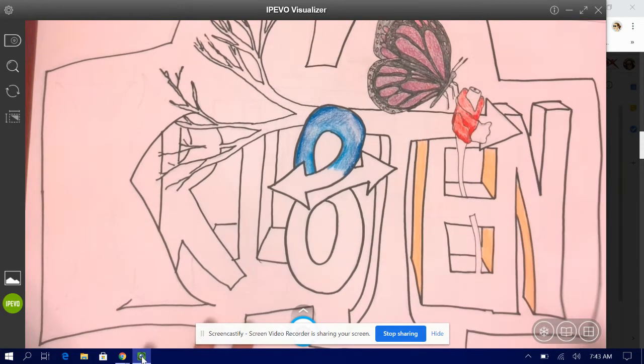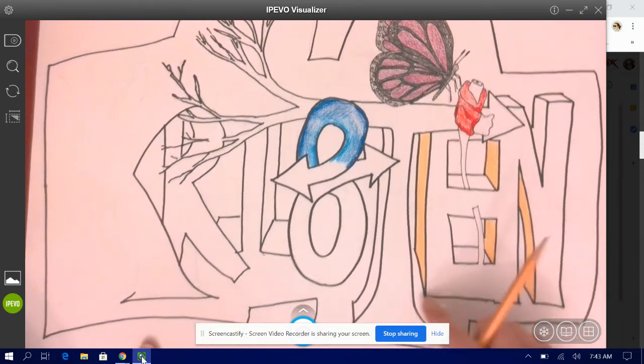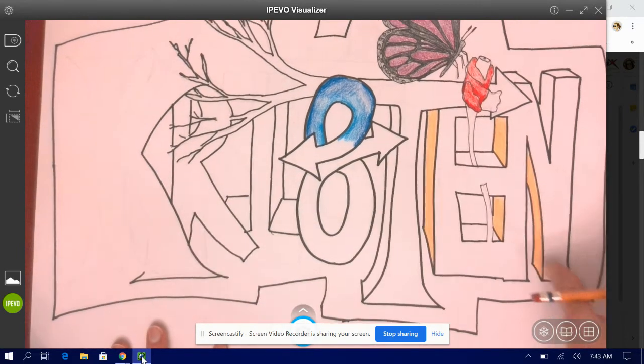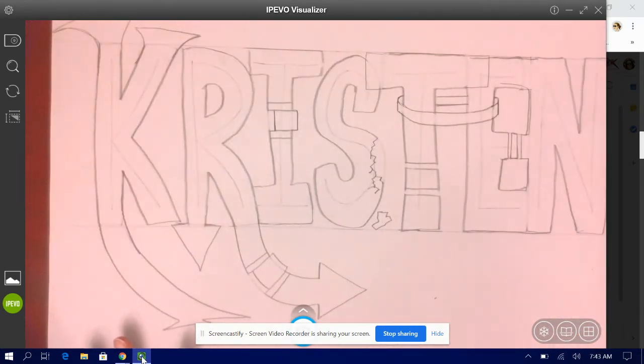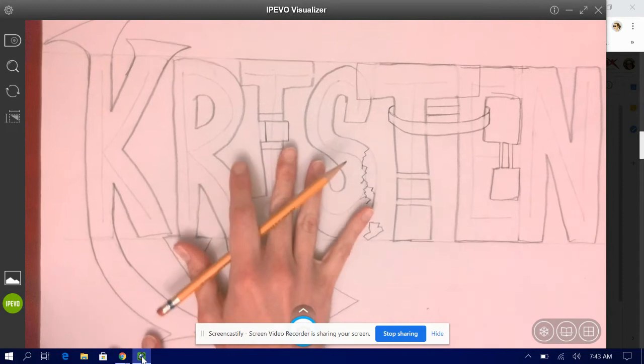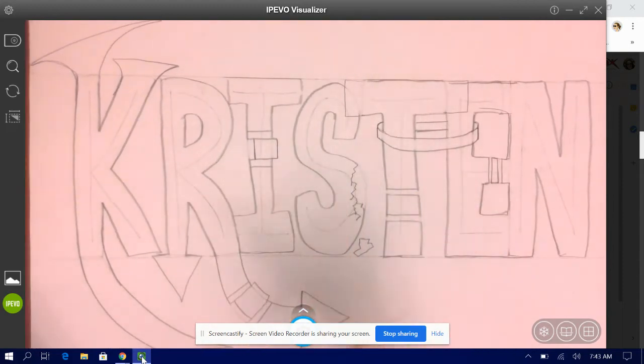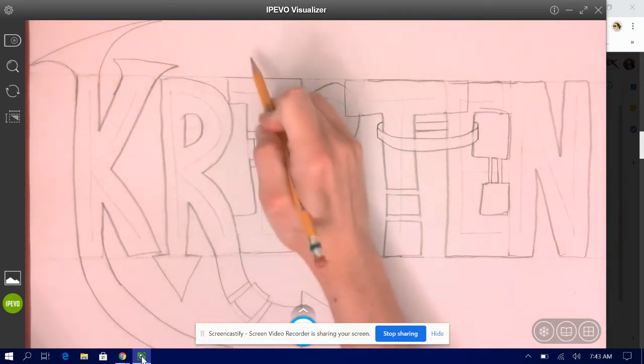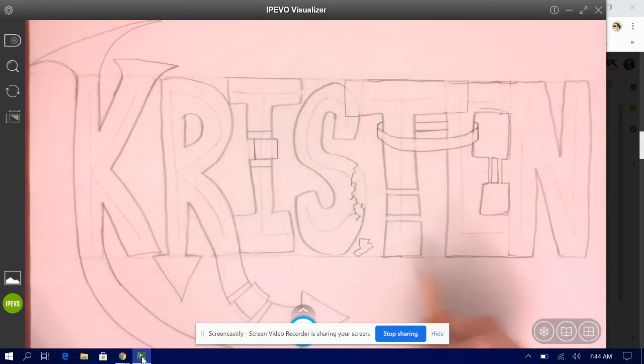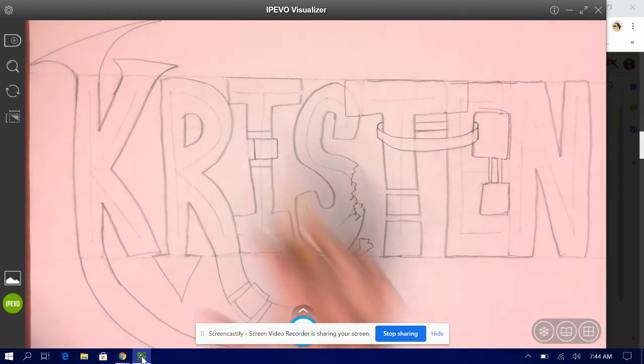The other thing, if you notice on here, is I got this outline here. We're calling that a tag outline. So you need to do one of two things with your project once you're done, which this is not done, but we'll just pretend. You either need to do a tag outline, which basically means you're just going around your letters in a line fashion, or you need to create a background.